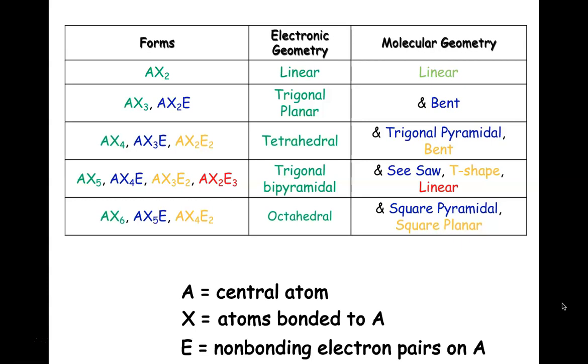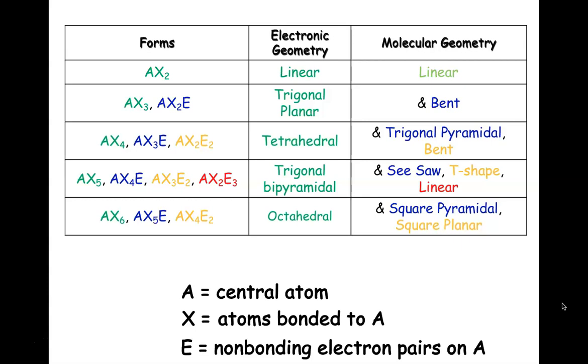It's still three things, but because there's a lone pair of electrons, it's no longer a molecular geometry of trigonal planar. It's going to be a bent structure, and we can see that later on. And so forth.